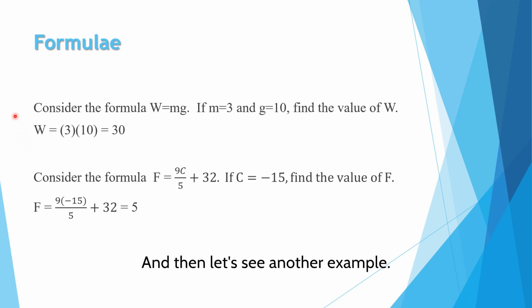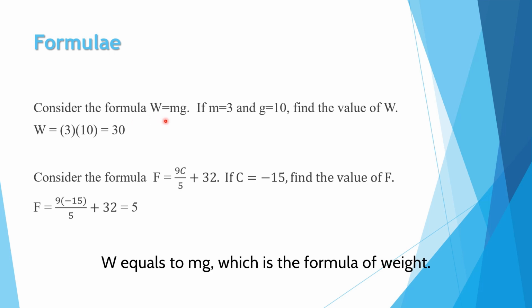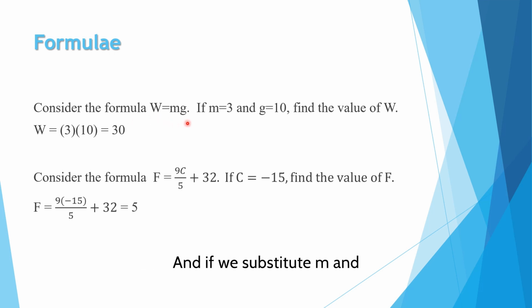And then let's see another example. Let's say we have another formula W equals mg, which is the formula of weight. If we substitute m and g with 3 and 10 respectively, the value of W would be equal to 30.